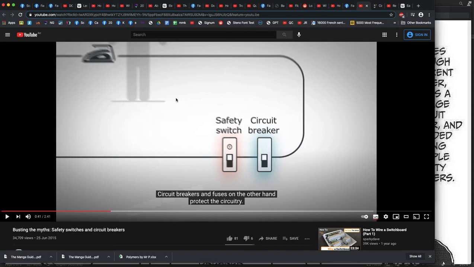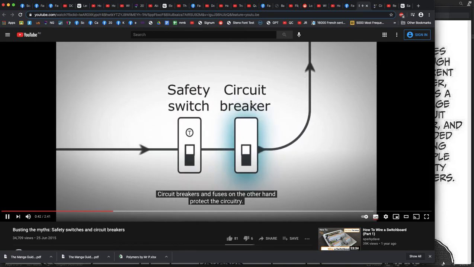So if it says, hey, I sent you 200 volts and I'm only getting 40 volts, where did the missing 160 volts go? The safety switch doesn't wait for an answer. It just switches off, because it does not want that current to go through a person. We've leaked current here.